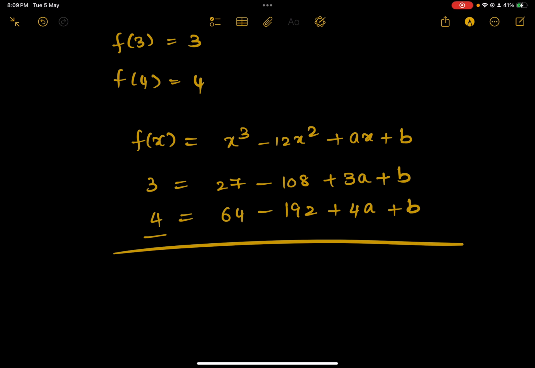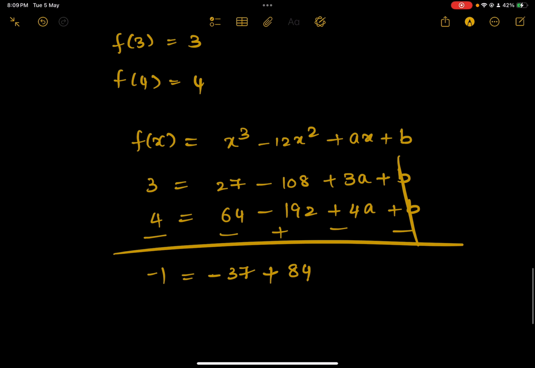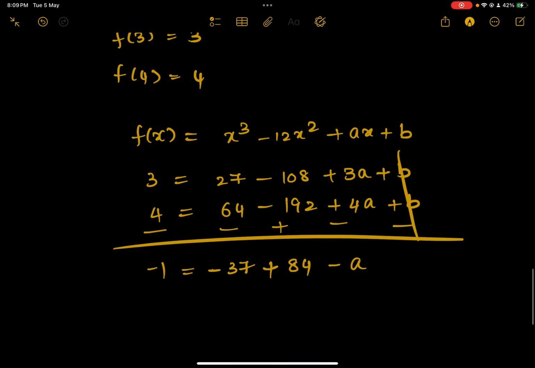Subtract, so this will be cancelled, and this is simply minus 1. This is equal to minus 37 plus 84 minus a.